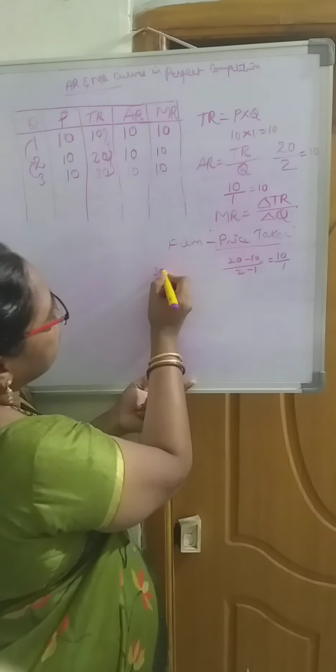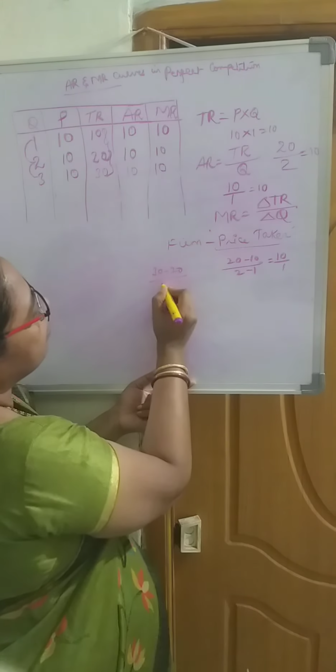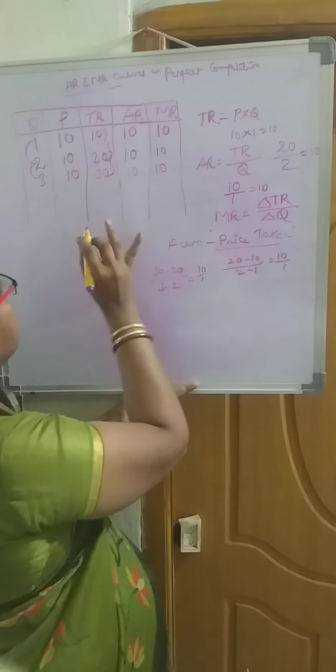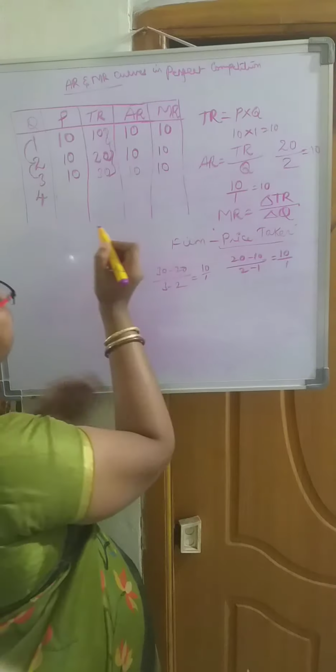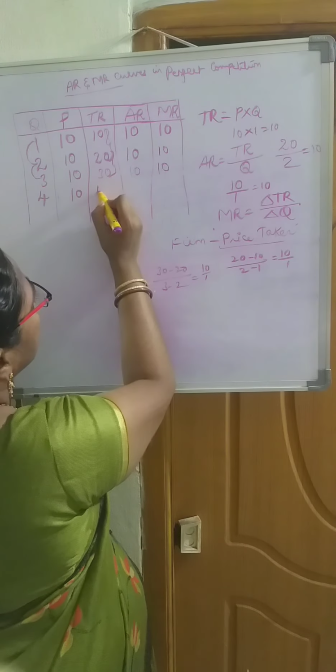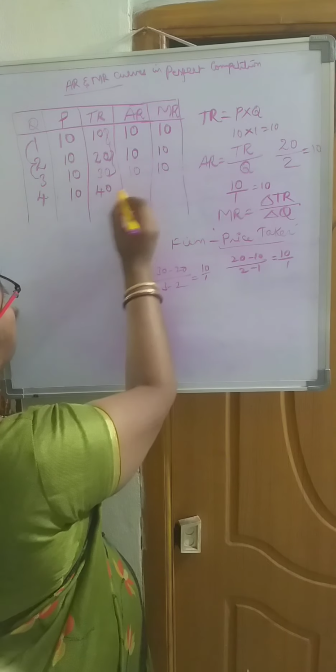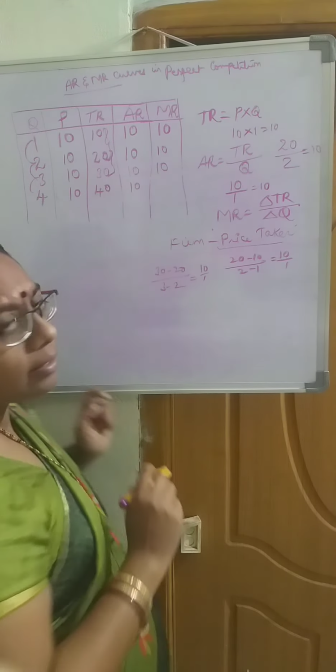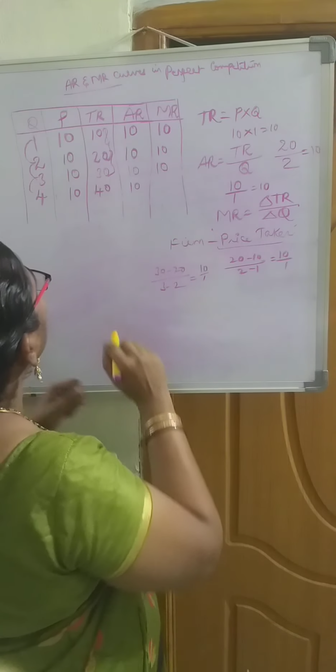How? 30 minus 10 by 3 minus 2, that is equal to 10 by 1, or 10. Okay, now 4 products at 10, 40, again 40 by 4, 10.